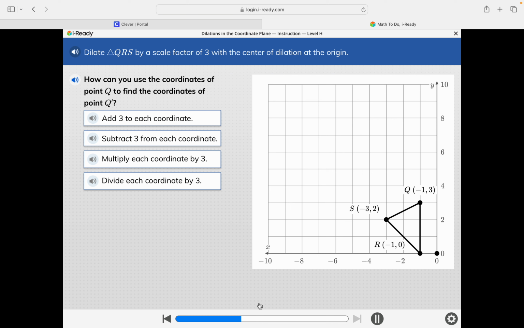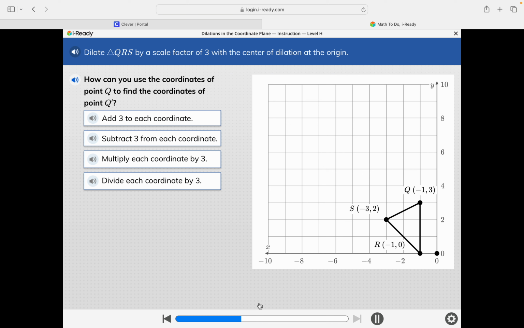First find Q. Tell me, what is Q? Q is (-1, 3). Now let's find Q prime. First we have to do -1 times 3, which is -3.